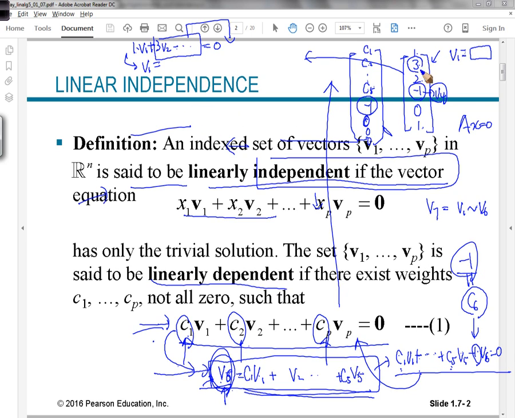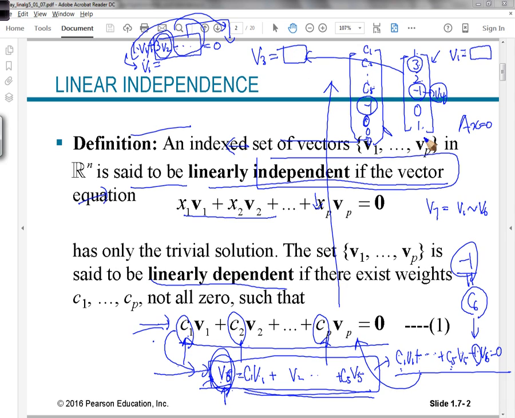What about V2? Is it possible? Yes, it is possible, right? Basically, V2 is also in this equation, so we can easily move the rest of them to the right-hand side and simply divide all the equations by 3. That way, V2 can also be represented as a linear combination of the others, right?